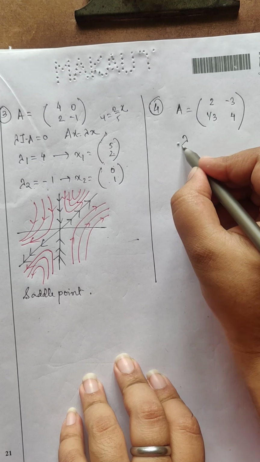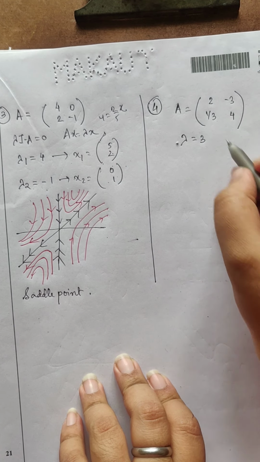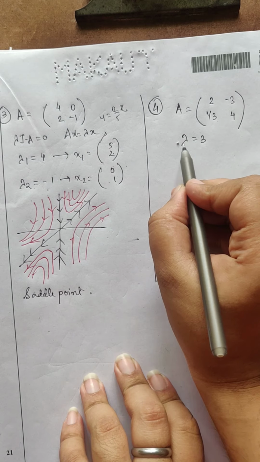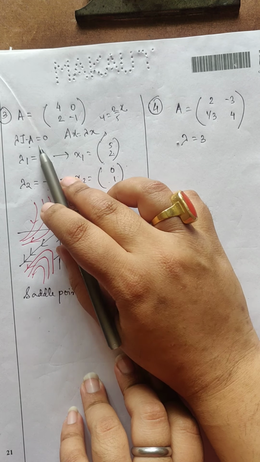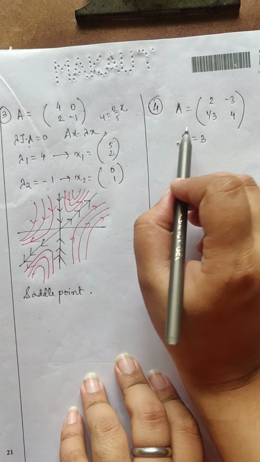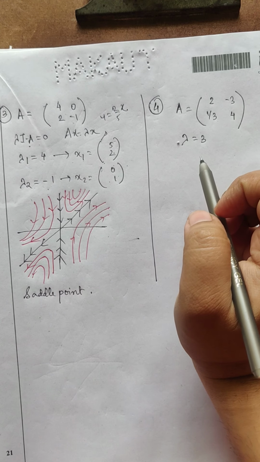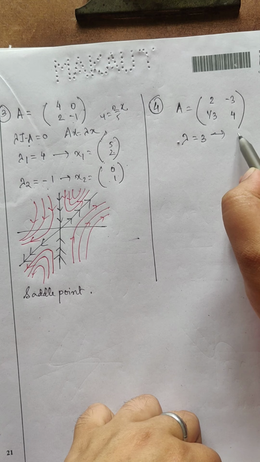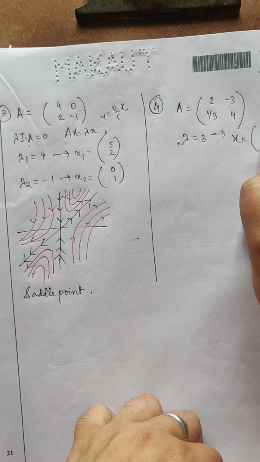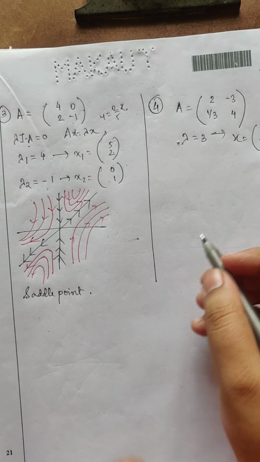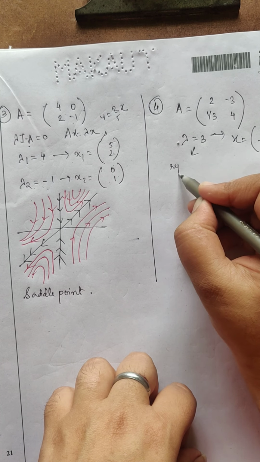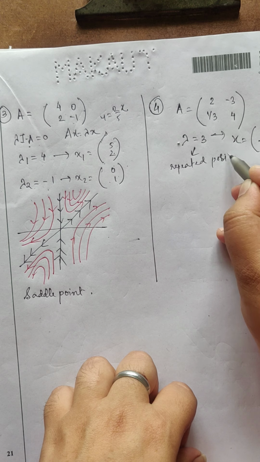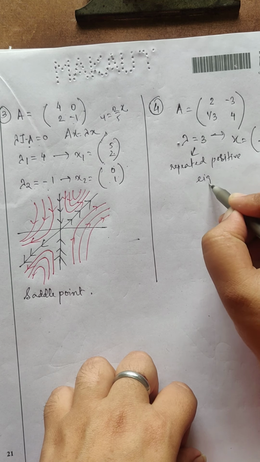So we have here lambda 3, which I obtained by using the concept of lambda I minus A equal to 0. That means in both situations, by solving, I'll get the same value of lambda, and the vector will also be 3, minus 1. That means we have a repeated positive eigenvalue.